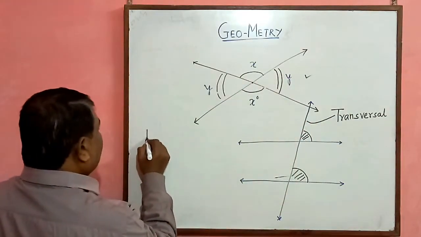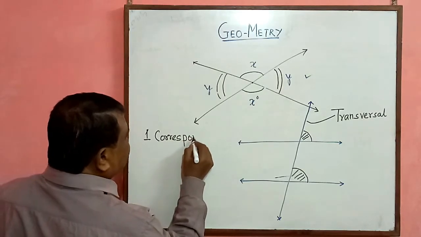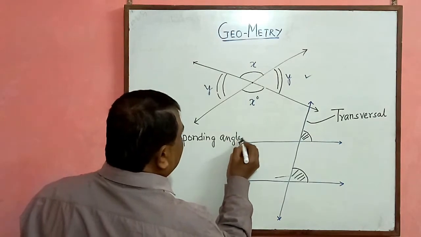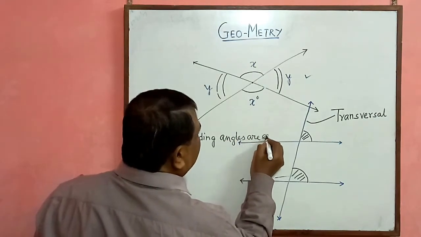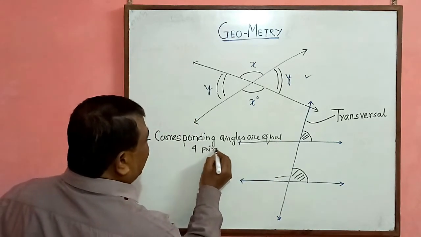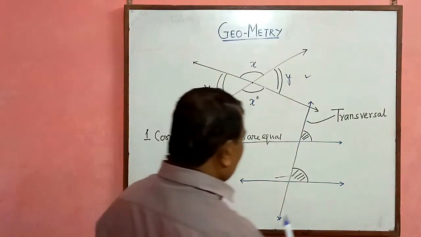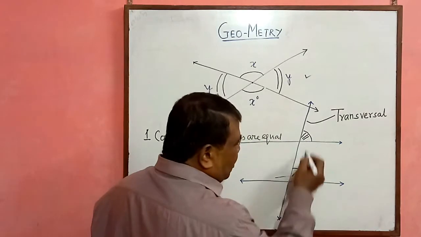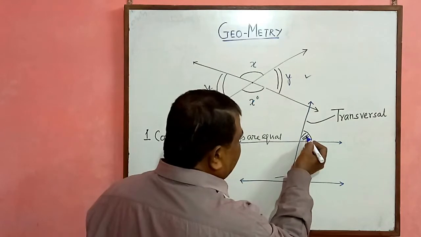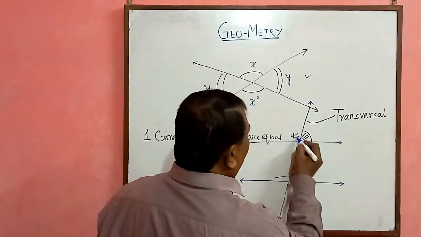Number 1, corresponding angles are equal. 4 pairs of corresponding angles are equal. 4 pairs means if these two are equal, then obviously you will know that with this angle, this is a 180 degree straight angle, and this is also 180 degrees, so definitely these two are also equal.